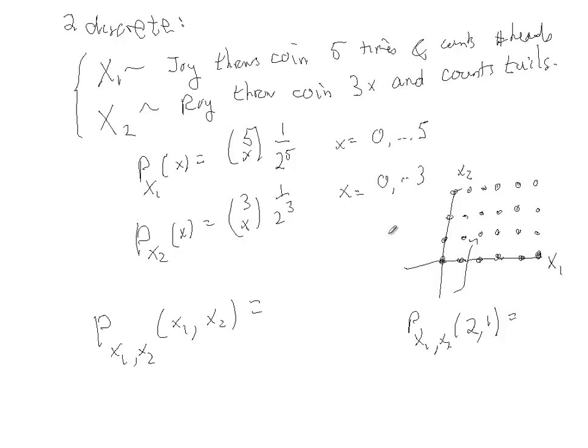That's a very simple way of thinking about it. It's going to be equal to 5 choose 2 times 1 over 2 to the 5th, times 3 choose 1 times 1 over 2 to the 3rd. And I can combine the 1 over 2 to the 5th and the 1 over 2 to the 3rd to get 1 over 2 to the 8th.